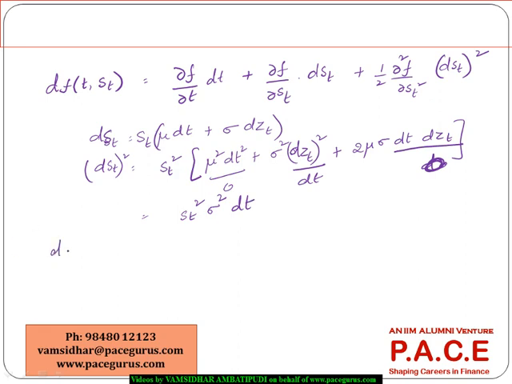So using this, now again I am finding out the formula df(t, st), ∂f/∂t.